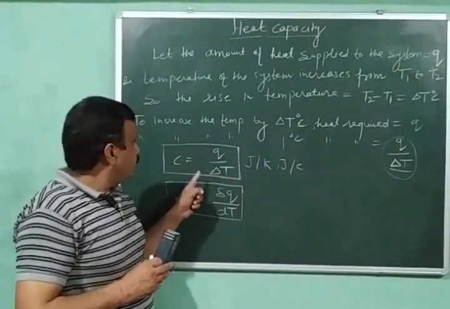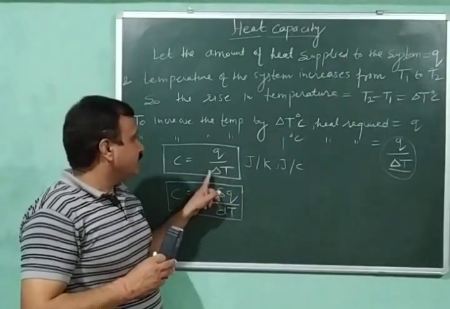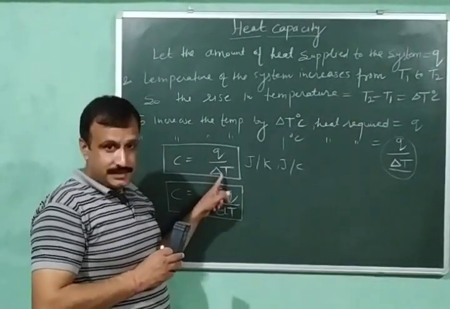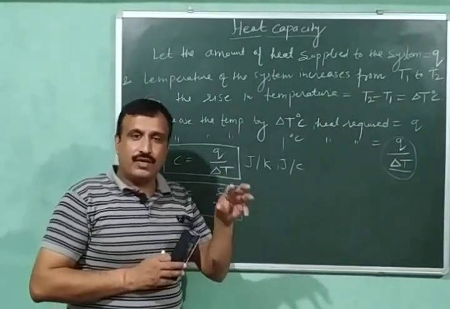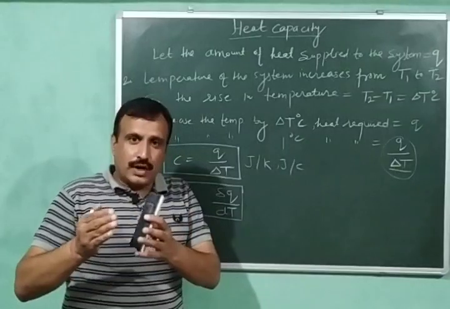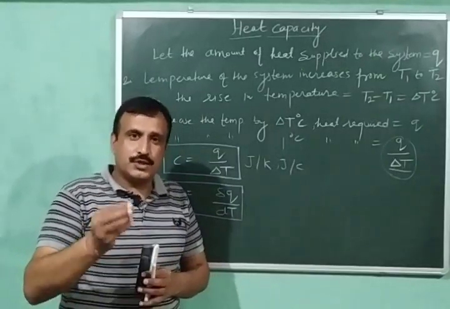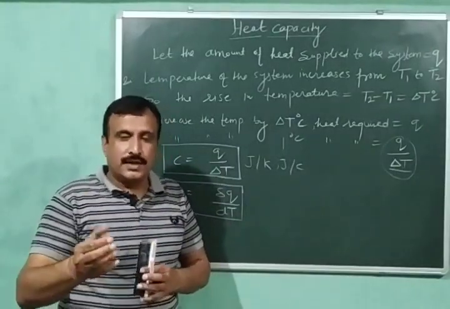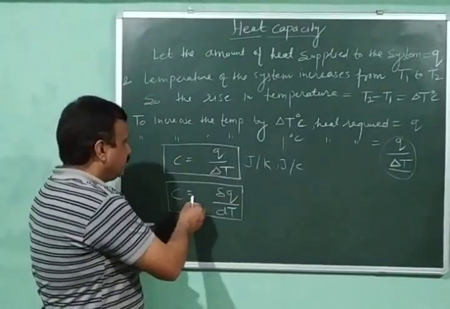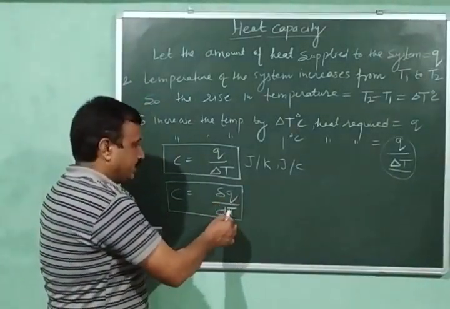Further, the value of this delta T is a finite value. The rise in temperature and the heat both have finite, or large, values. If I want to write this expression for a very small increase in temperature, it will be written as C equal to delta Q upon dT.